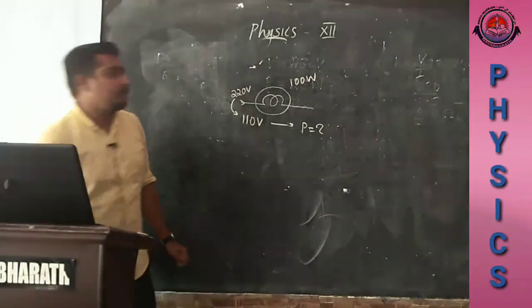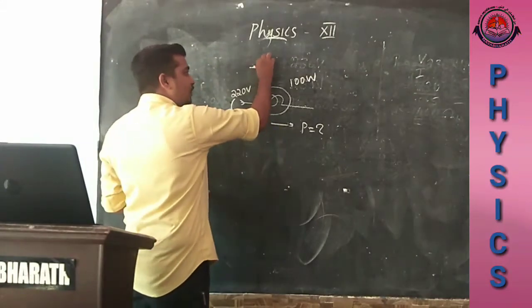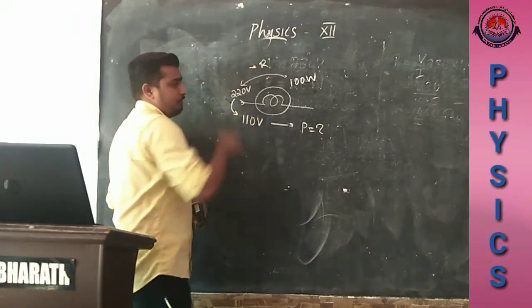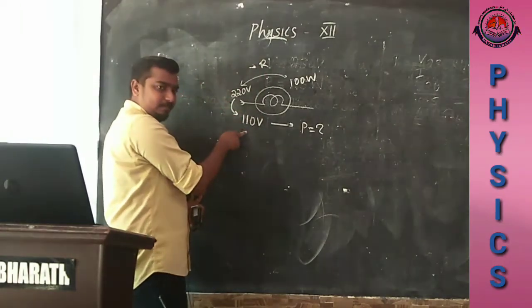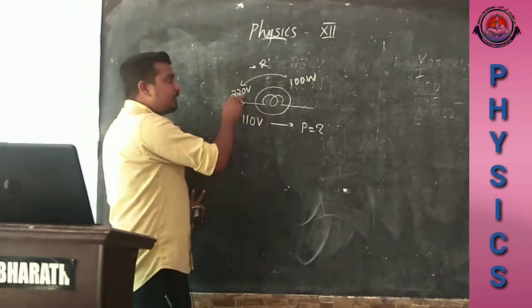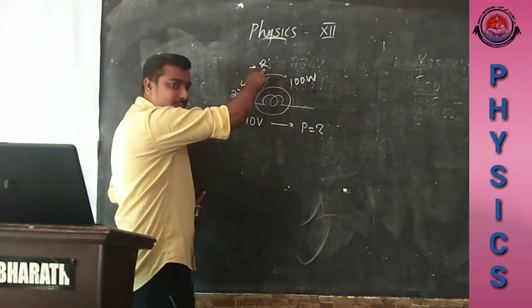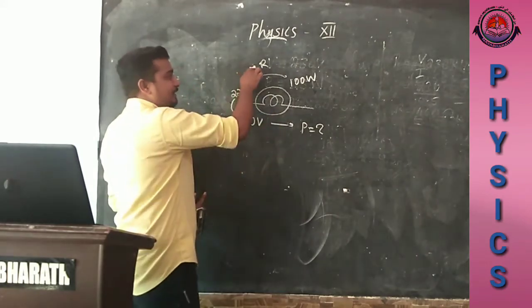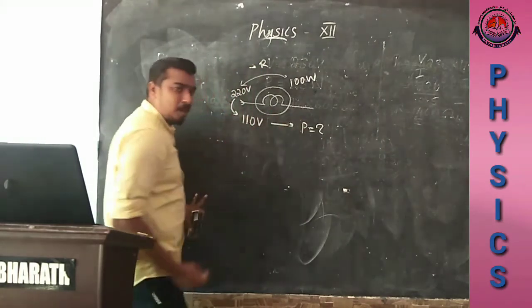Okay, for that, first we calculate the resistance of the electric bulb by using these two values. Why? Here the voltage is changed, but there is no change in the resistance of that electric bulb. By using this resistance and the changed voltage, we get the power.